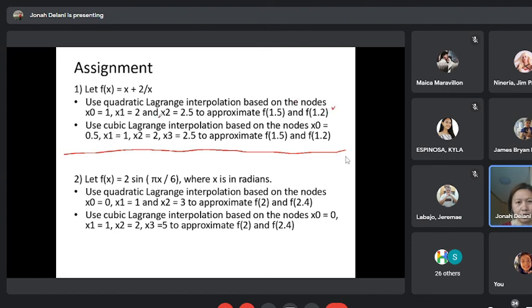First is to generate a quadratic Lagrange interpolation expression using these nodes. And then, given the polynomial that is generated, solve for the values of f of x if x is equal to 1.5, and what would be the value if x is equal to 1.2. Ano ang ipasabot sa problem?